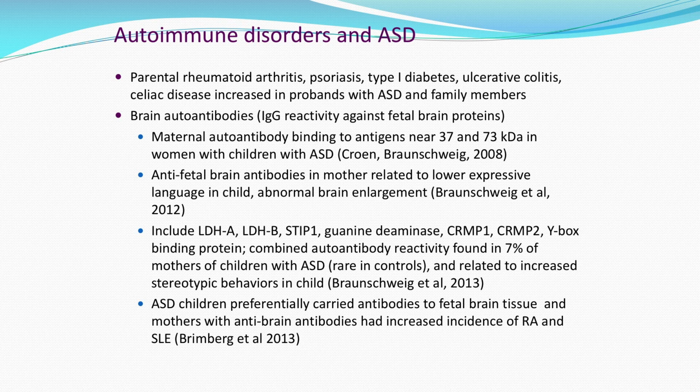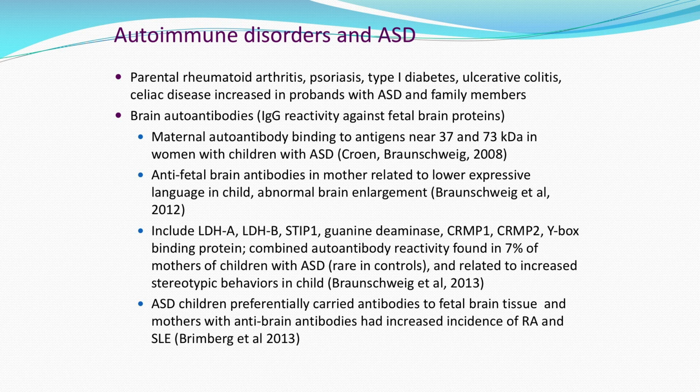This really fascinates me: the idea that a brain autoantibody, IgG reactivity against fetal brain proteins, can lead, during pregnancy, to an increased risk of autism in the offspring. These are some of the findings that have been observed, and I'm presenting to you what a lot of you already know.